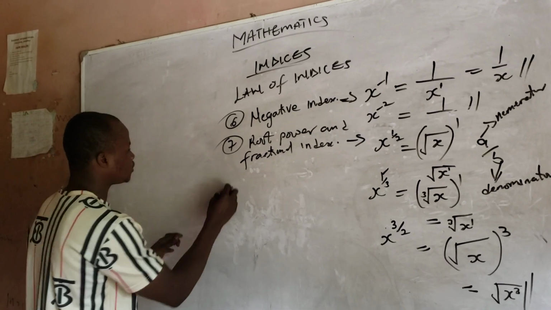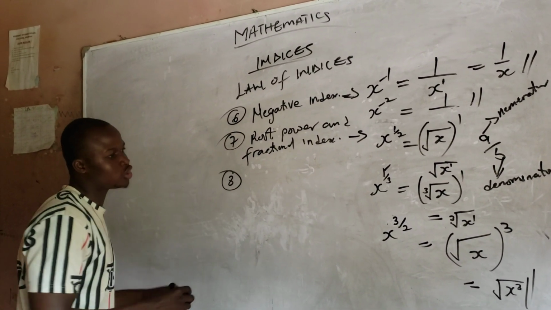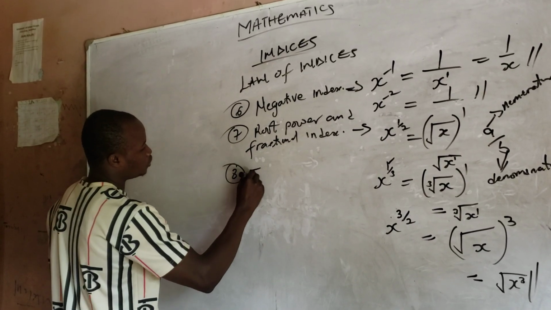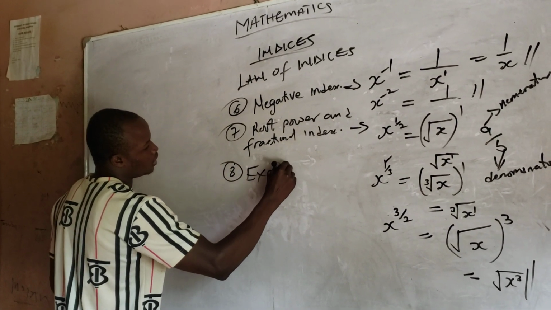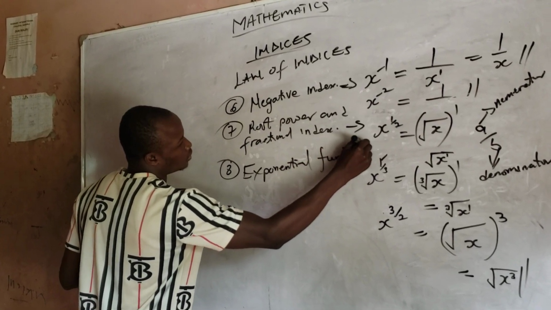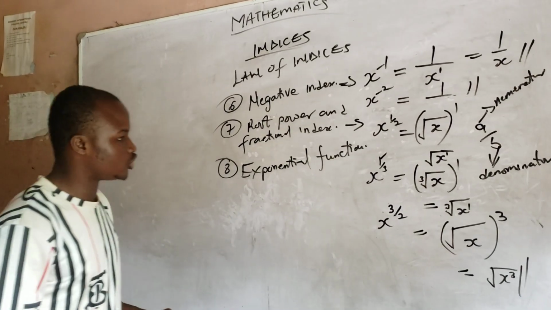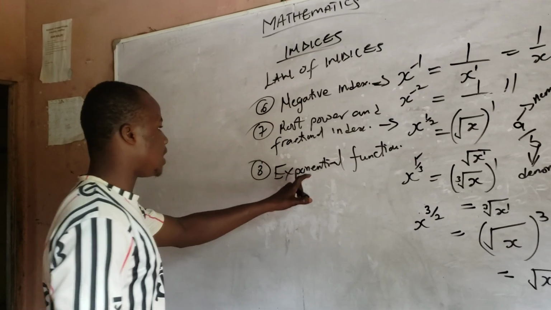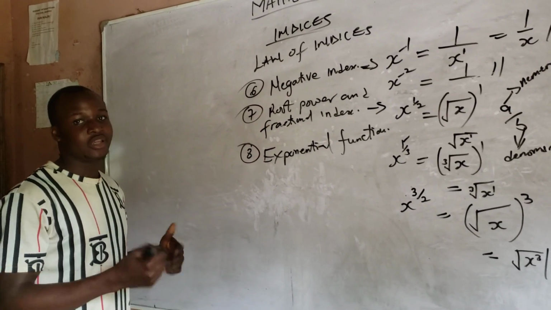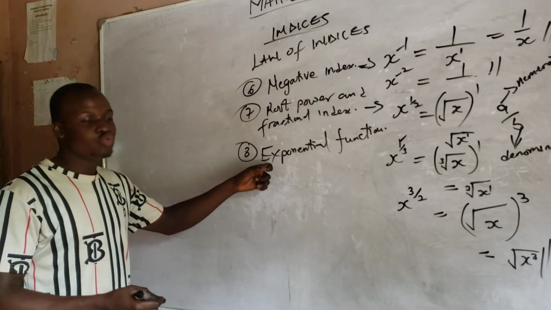Now, let's talk about number 8 law, which is, I think, the last law: exponential function. In this exponential function, we deal with index numbers, so it makes use of index numbers.